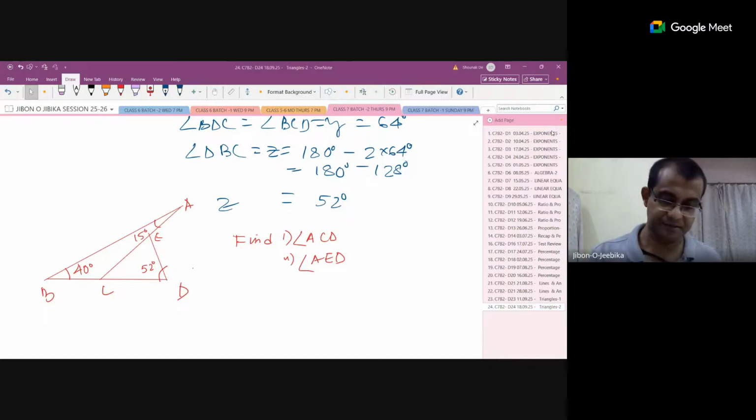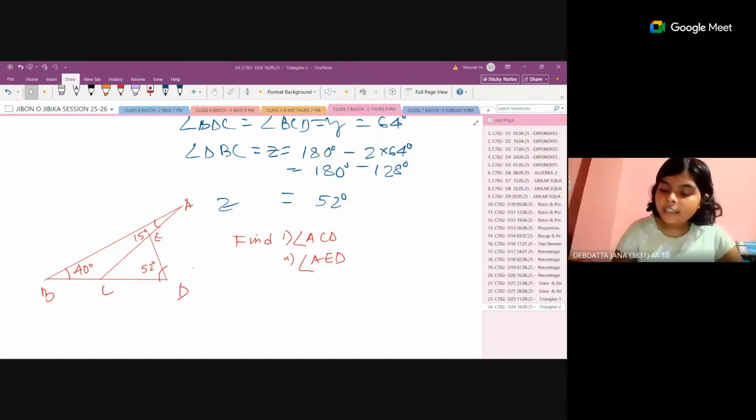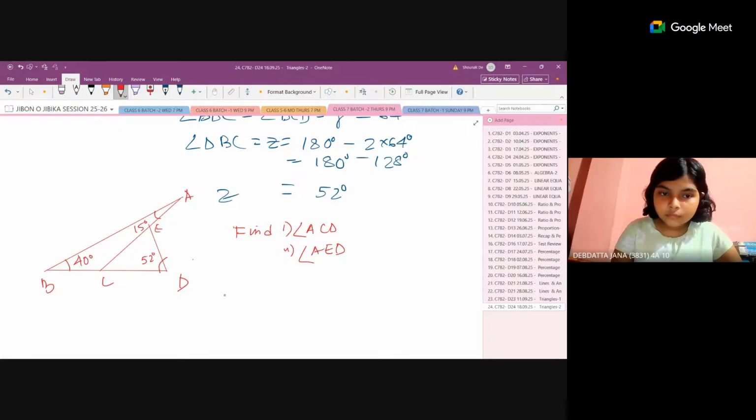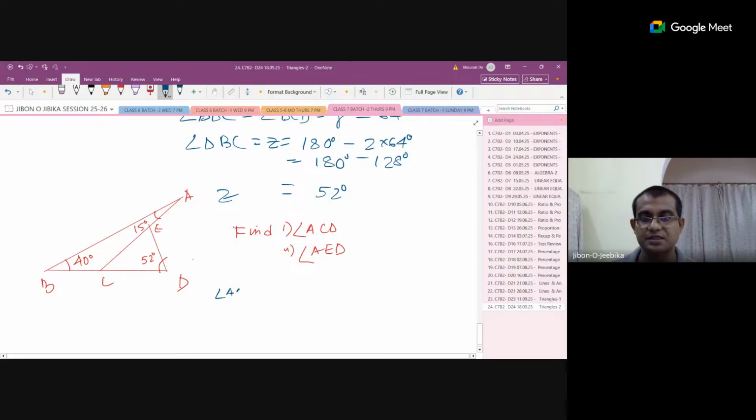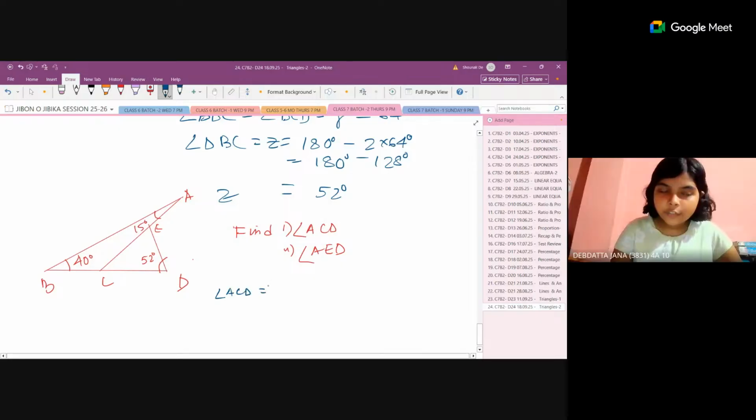Okay, Devdatta bolo. Explain. Sir, angle ACD is equal to 15 degree plus 40 degree.